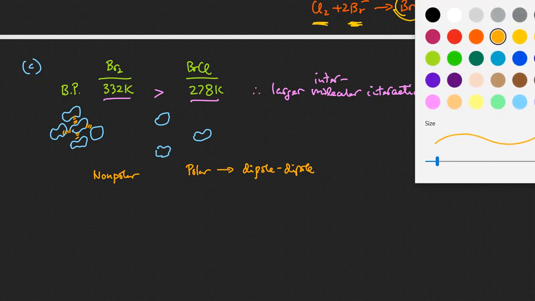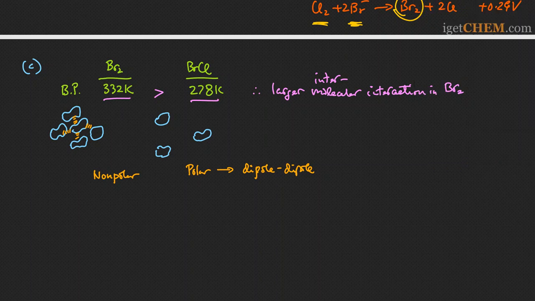But in all molecules, as long as they have electrons, they will have what is called a London dispersion force. So both of these molecules do have dispersion interactions, because any molecule that has electrons can have these London dispersion interactions between them.